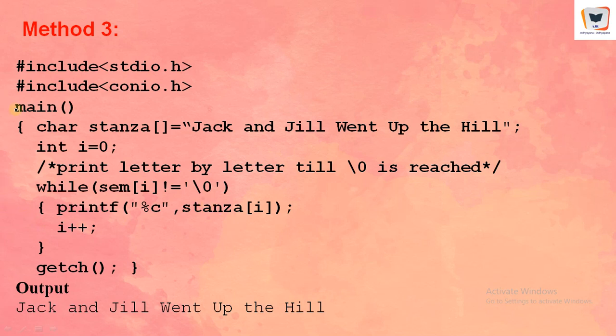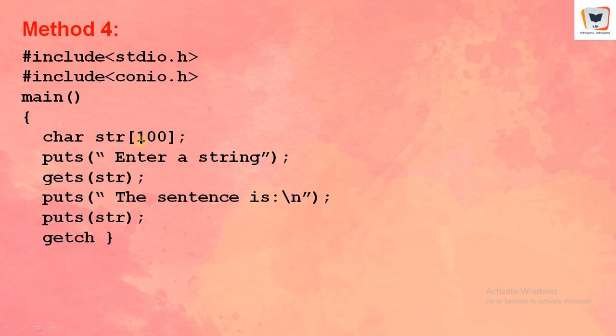And in every iteration, i will be incremented. So in the first iteration, i carries 0. In the second iteration, i will become 1, 2, 3, and so on. Jack and Jill went up the hill. It is printed.